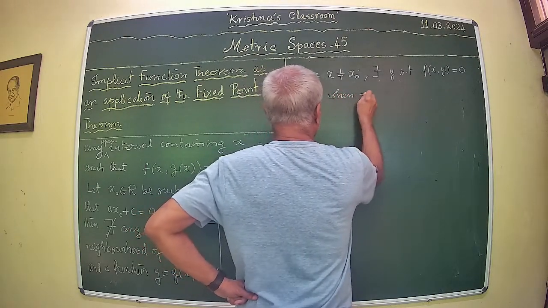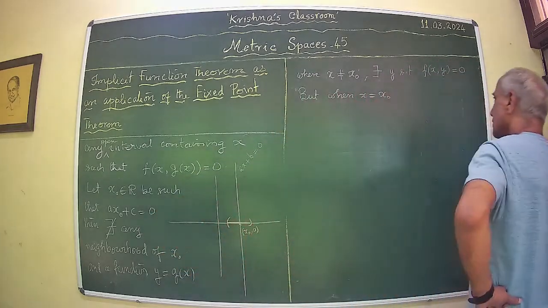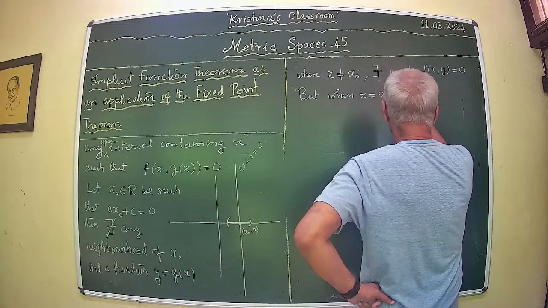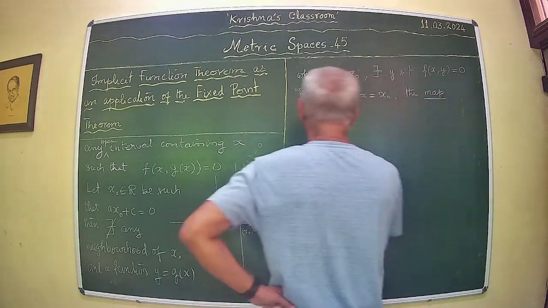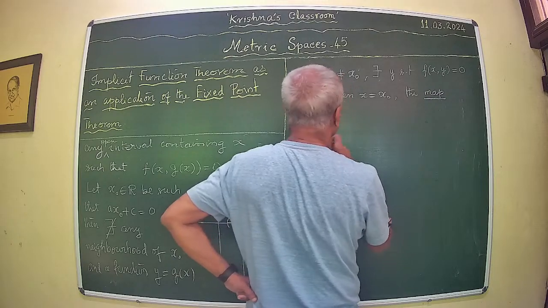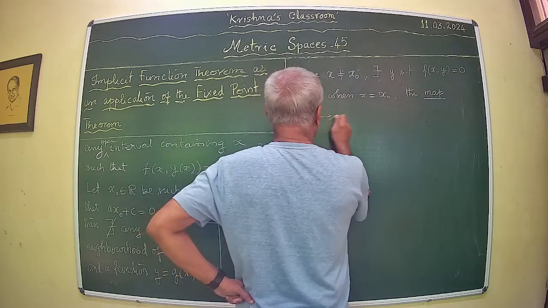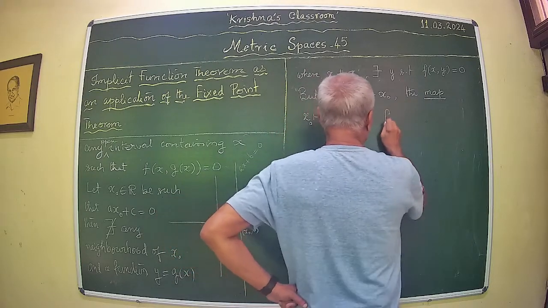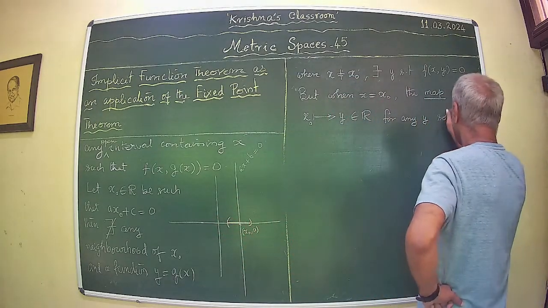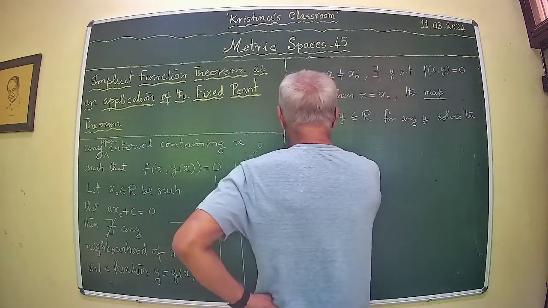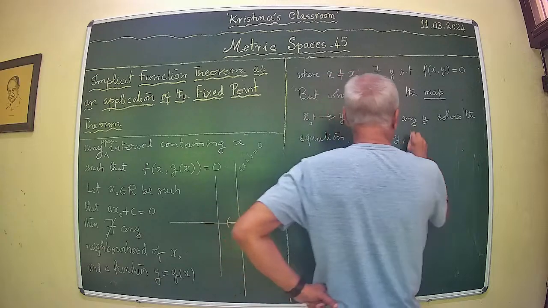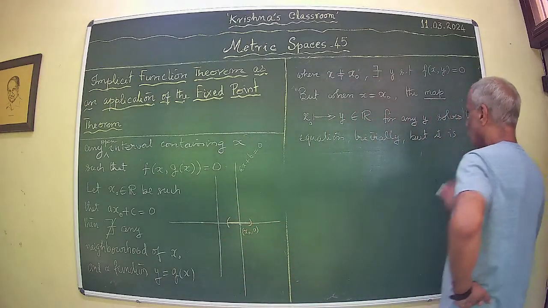But when x is equal to x0, the map x0 maps to y belonging to R. For any y, it solves the equation rather trivially, but it is no more a function.